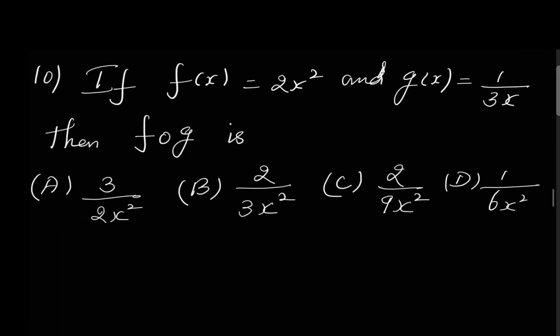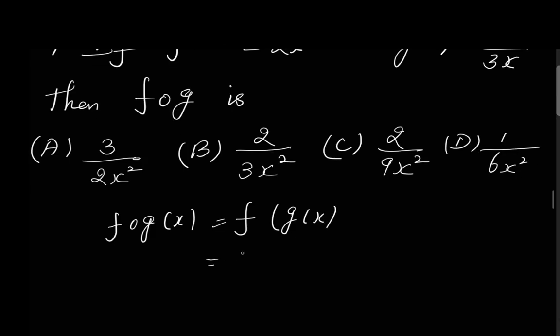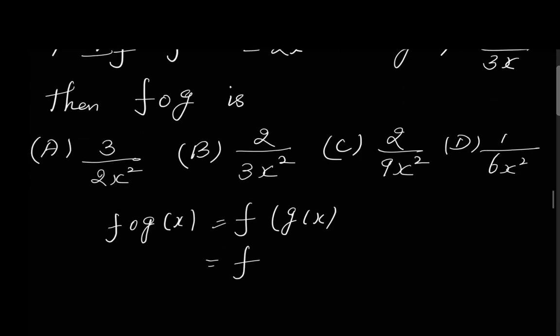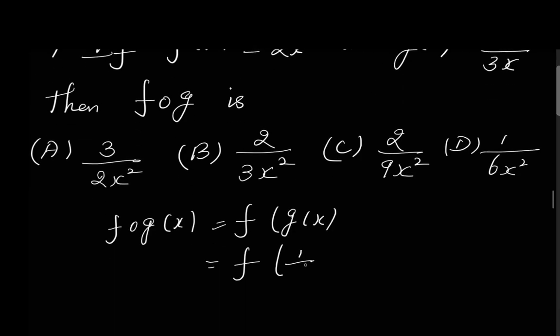See the next question. If f of x is 2x squared and g of x is 1 by 3x, then f dot g, you have to find f dot g of x. That is f of g of x. So g of x is 1 by 3x.